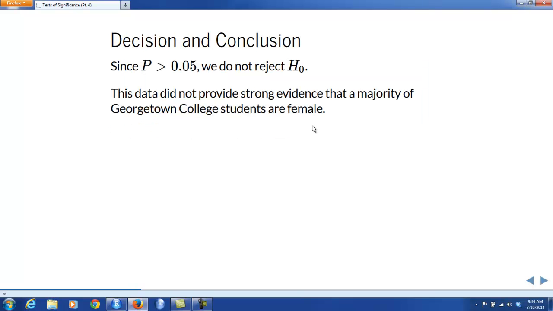So when it comes time to make the decision, we note that the p-value is bigger than our usual cutoff of 0.05, so we're not going to be rejecting H0. And as for our conclusion, we can just say that the data did not provide strong evidence that a majority of Georgetown College students are female.